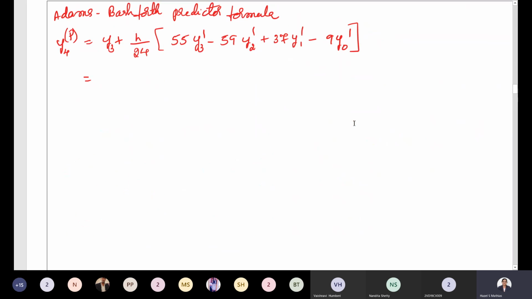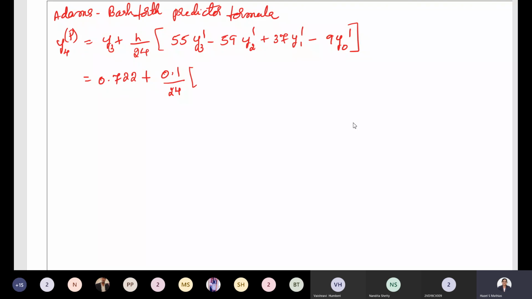So y3 value is 0.722 plus h value is 0.1, that is the step size. The x values are equally spaced, and the difference between two successive points of x is 0.1.